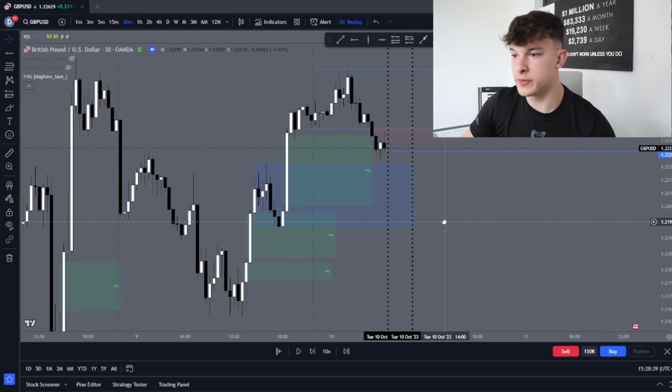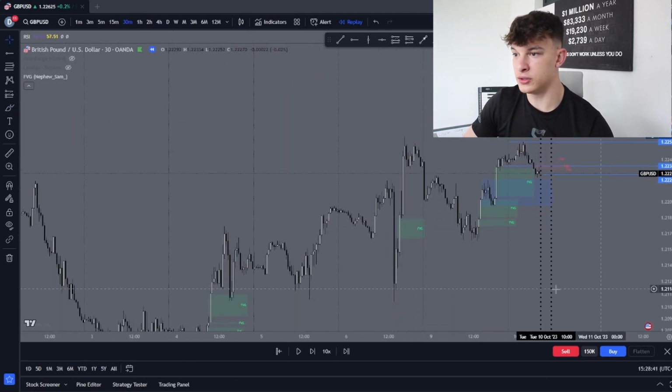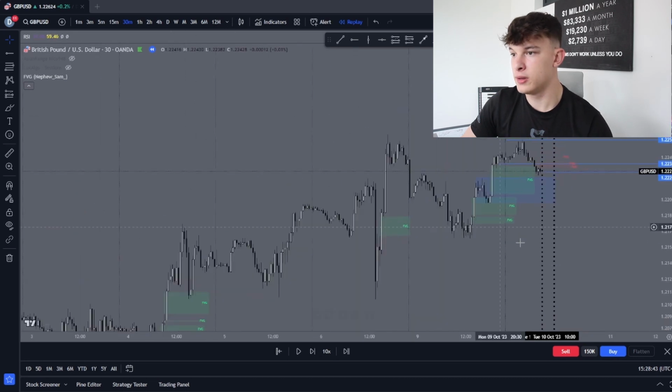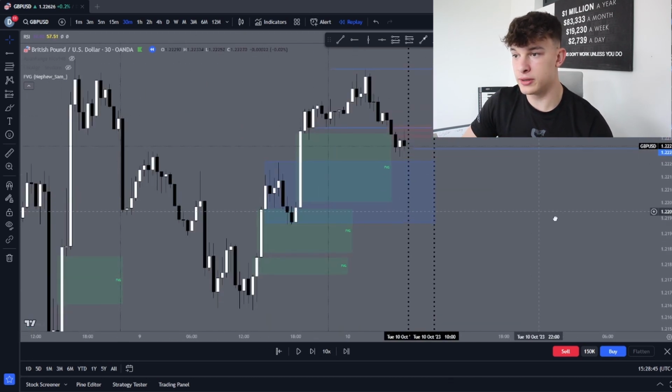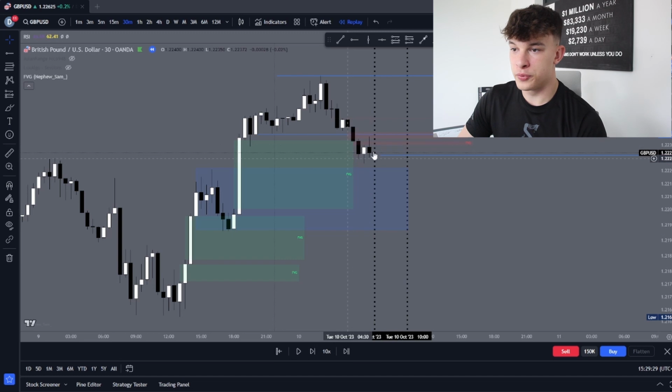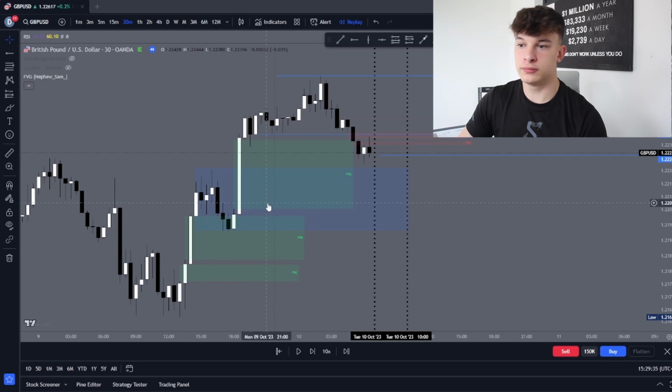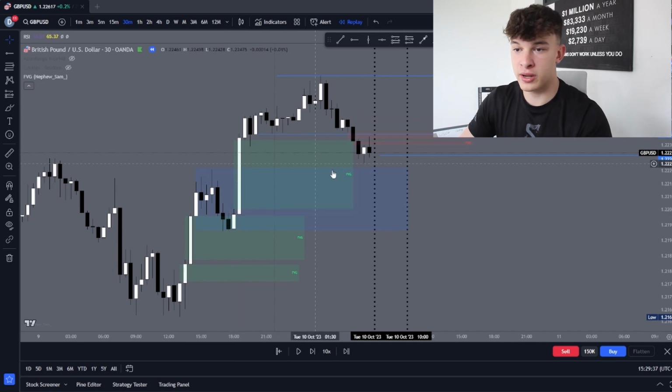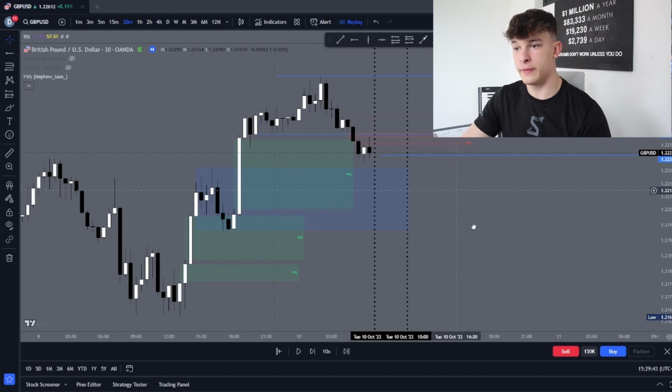Now moving to the 30-minute time frame, we can see that the market is short-term bullish on this time frame. So we were looking to trade with the trend. Coming off of Asia and into the pre-market, we pulled into this fair value gap, which also co-aligned with our breaker block, order block, whatever you want to call it, in the market. This fair value gap was created by the imbalance we saw at 6:30 last night.